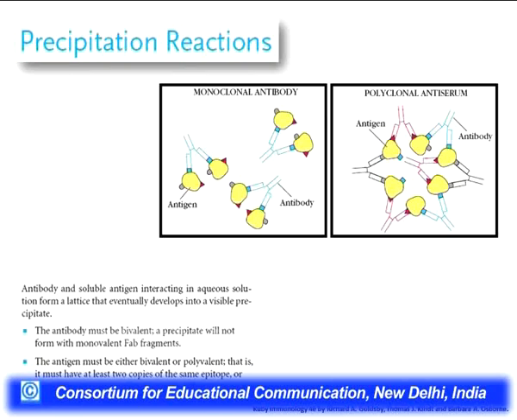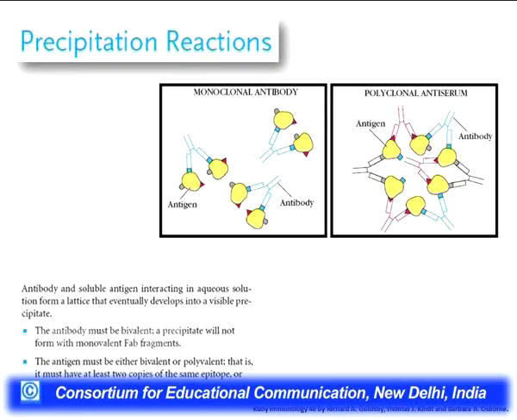The second major factor is that the antigen must be bivalent or polyvalent, which means the antigen should have a number of epitopes on its surface. If we see two pictures over here, one is a monoclonal antibody, in which the antibody is against a single epitope, so there is no formation of any lattice or visible precipitation.